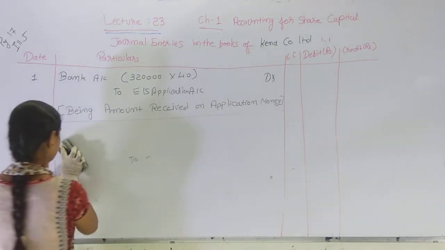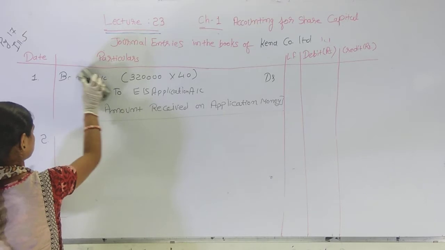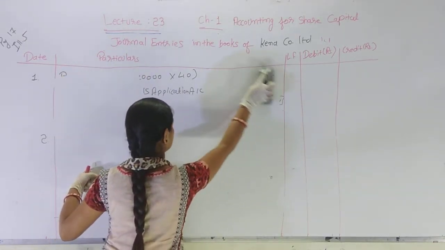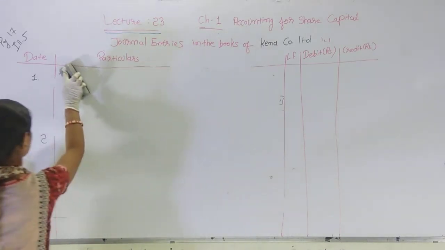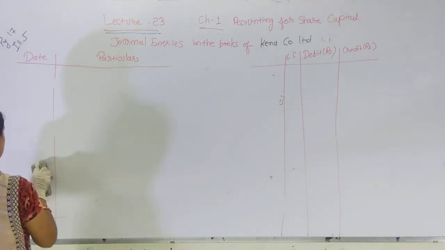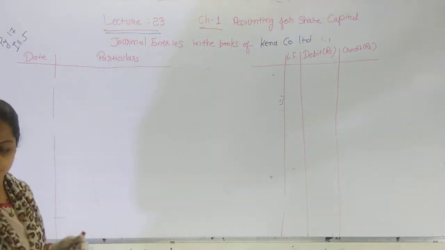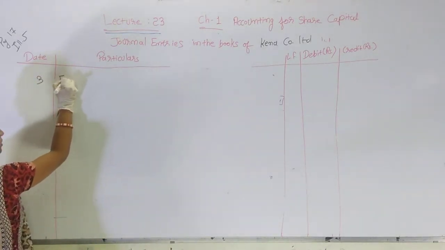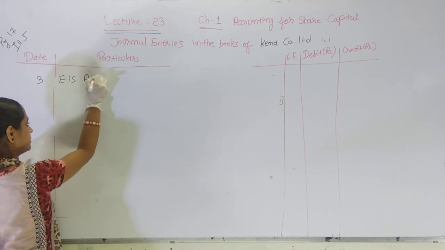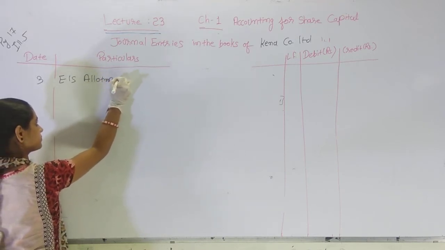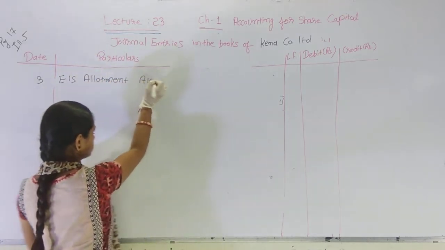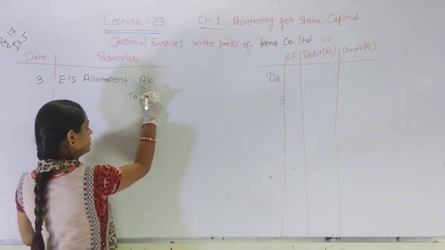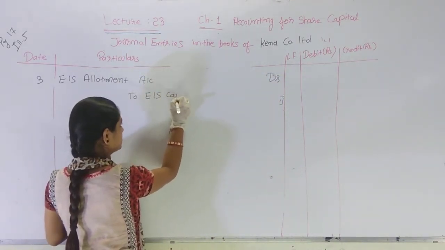In third, we are demanding. When we are demanding, we don't know that anyone will pay in advance, right? So in demanding, we'll give the entry for the amount which we have demanded in allotment. So the third entry, equity share allotment account debit to equity share capital account.